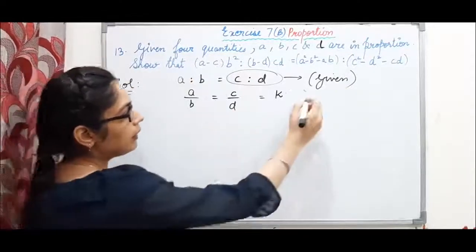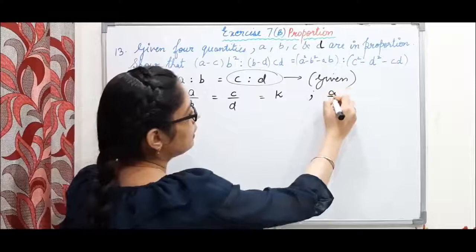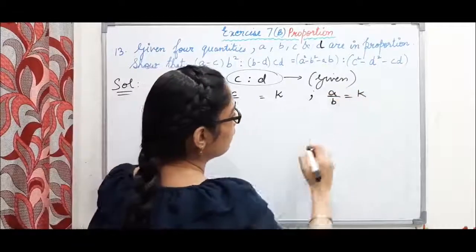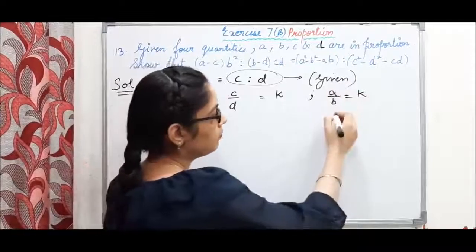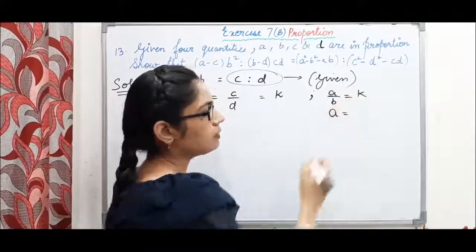So from here, A by B equals K. If I want the value of A, I shift B to the other side.